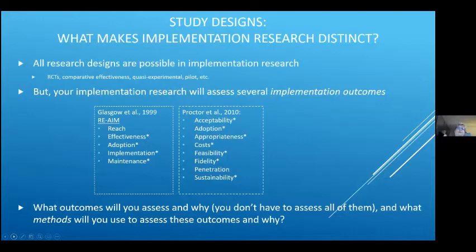If you're leaving anything out, maybe because it's already been done, or you have preliminary studies on acceptability and you don't need to do a whole lot related to that, then you need to provide the justification. You don't just want to leave it out of your proposal and then have your reviewer say, well, why aren't they looking at these other outcomes? So again, that justification is really critical.